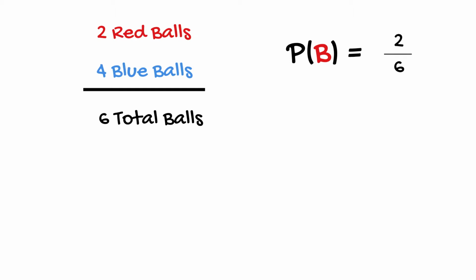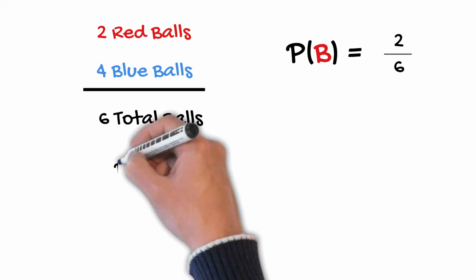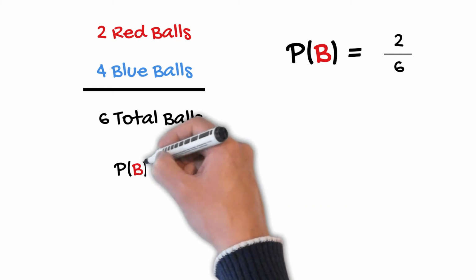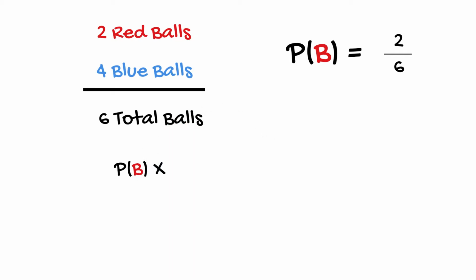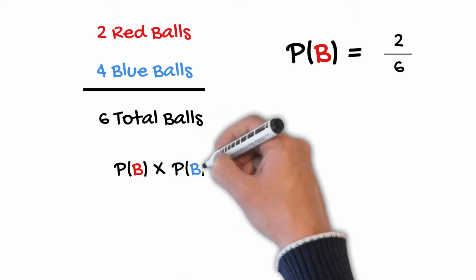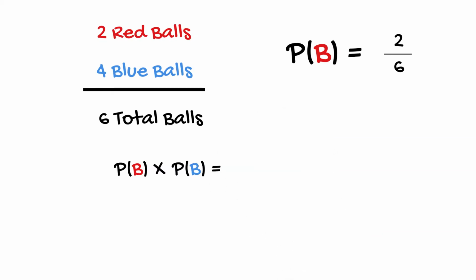How about combining? Suppose we want to look at the probability of getting a red ball. We do not replace it, and we look at the probability then of getting a blue ball. So we would look at this as being the probability of a red ball multiplied by the probability of getting a blue ball just after it.